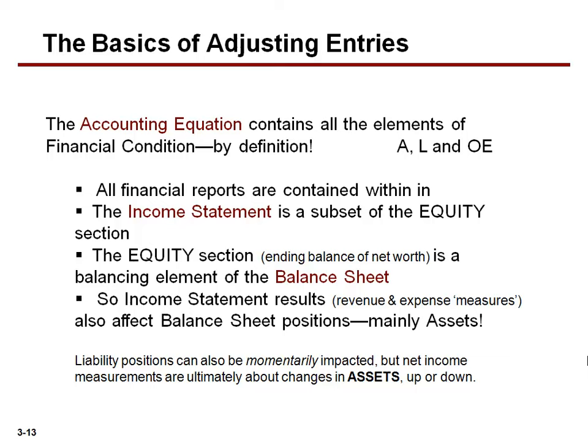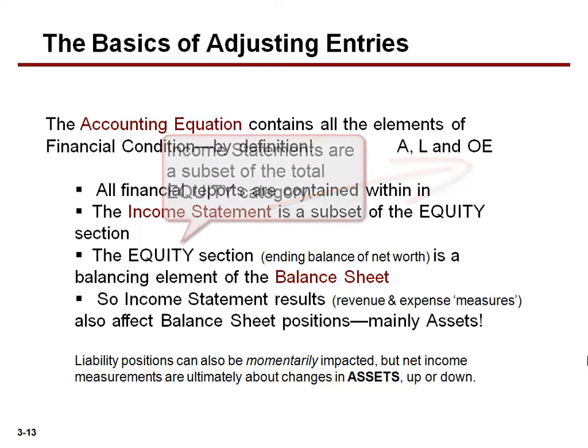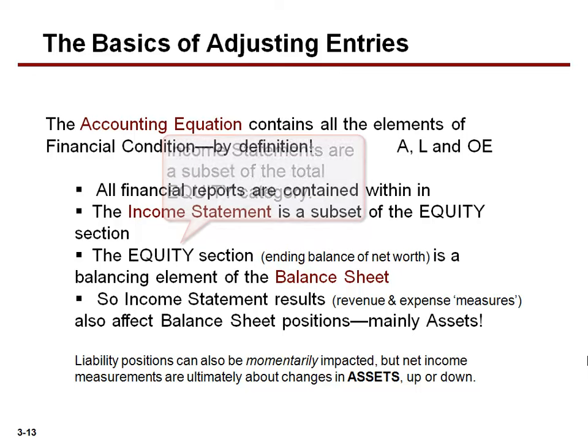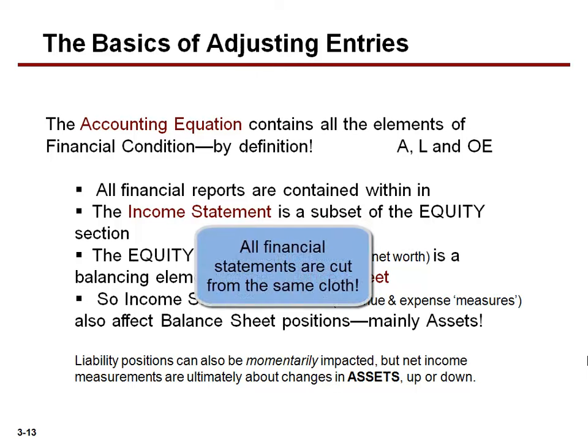The income statement is a subset of the equity section, revenue and expense accounts, part of owner's equity. The equity section, the ending balance of net worth, bringing in investments by the owner or divestments, is a balancing element of the balance sheet. So therefore, any income statement results of operations, revenue and expense measures also affect the balance sheet position.